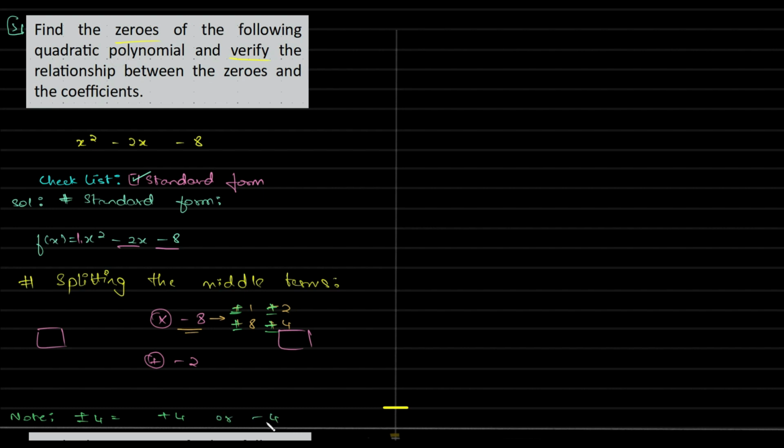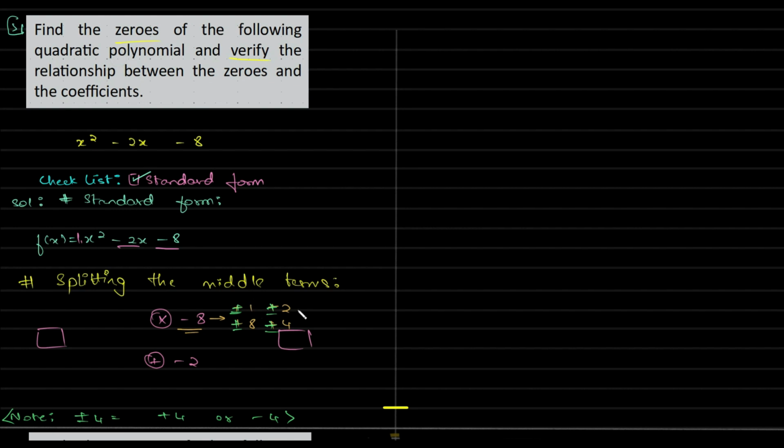Instead of writing it twice, they just write plus or minus. So there are 8 numbers that can divide minus 8. Please don't be confused about minus 4: minus 4 can also divide minus 8 with remainder 0, so it is also a factor.